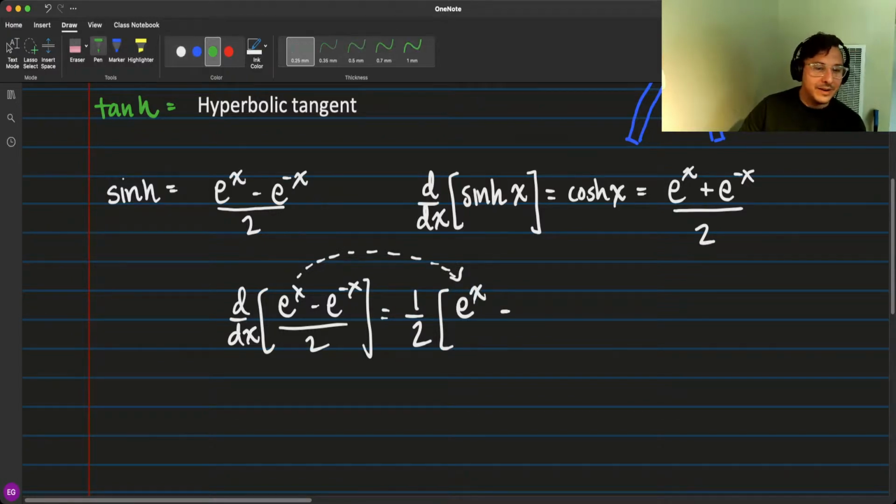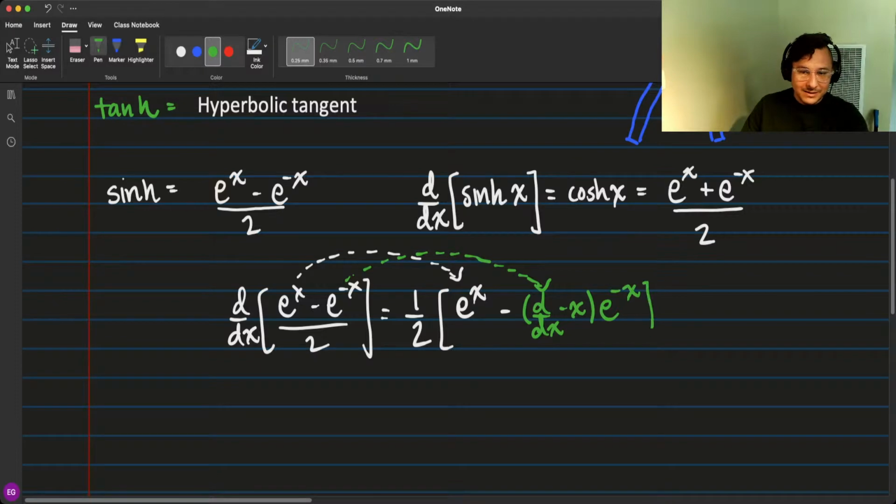Now, what's the derivative of e to the minus x? You have to use the chain rule. You get the derivative of minus x times e to the minus x, right? And if you calculate this, you get e to the x.